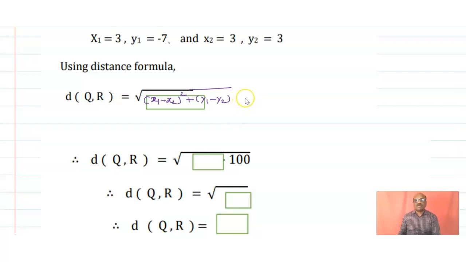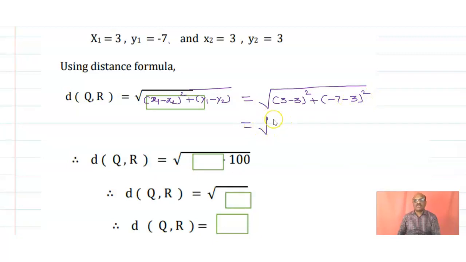And here if we substitute, the extra steps, that is x1 is 3 minus 3, bracket square plus minus 7 minus 3, bracket square.